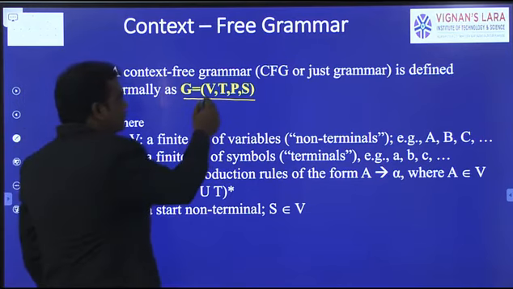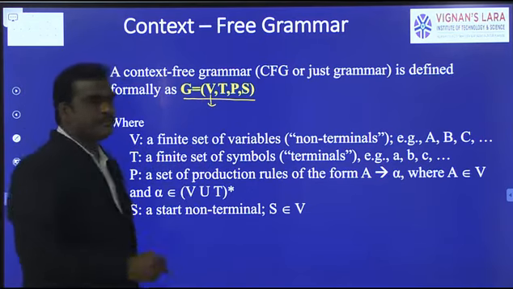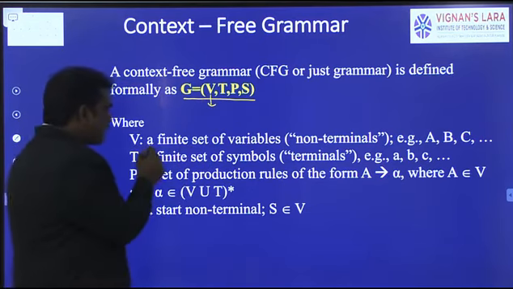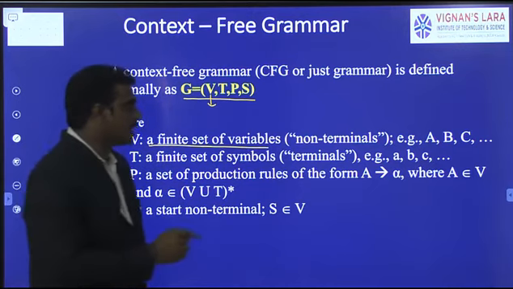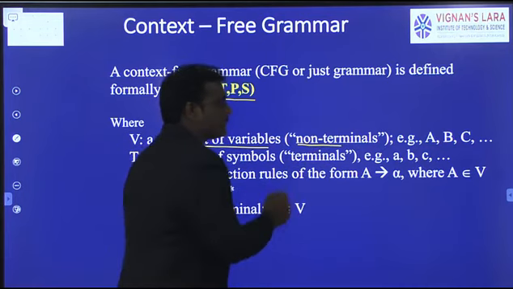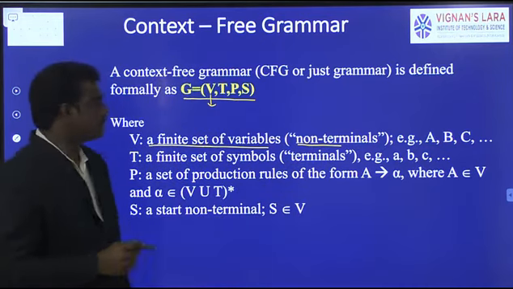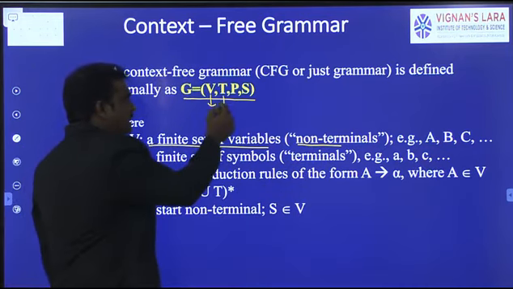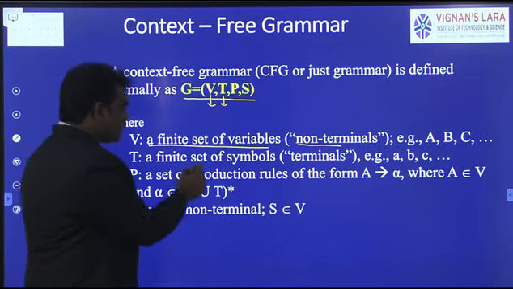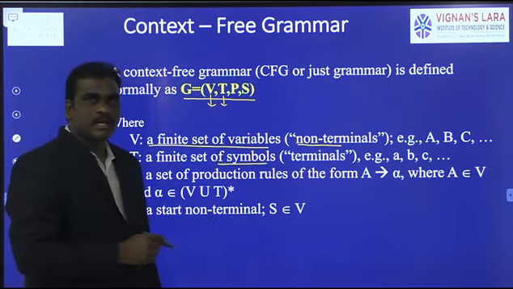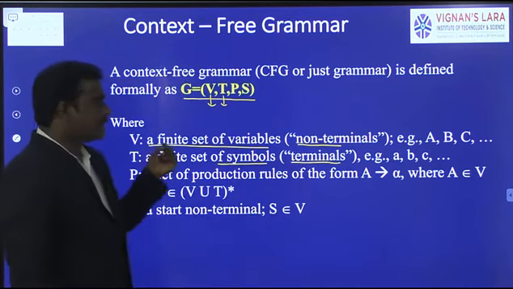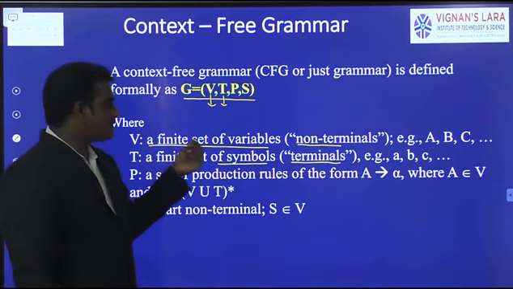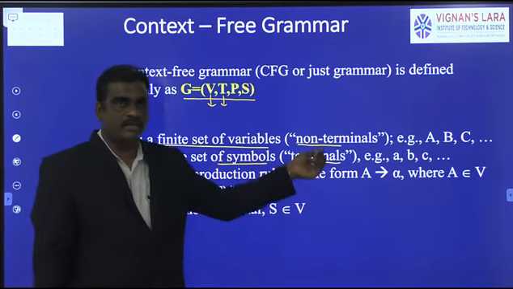The first one is V, which is a finite set of variables. Variables are non-terminals. The second one is T, which is a finite set of symbols. Generally we can call it terminals. So T means terminals, V means variables or non-terminals.